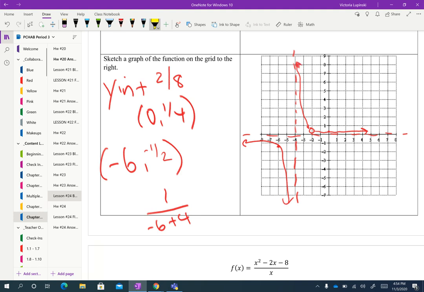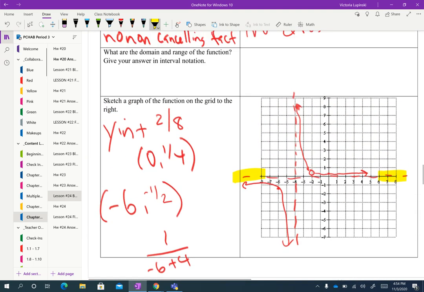And again, in the future, I will tell you exactly how many points you need. Again, pointing out the end behavior, the fact that you're not allowed to cross the asymptotes, and you do have to follow the horizontal asymptotes off to infinity. Domain and range.